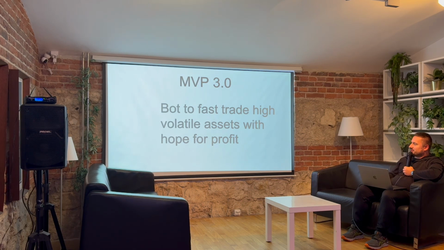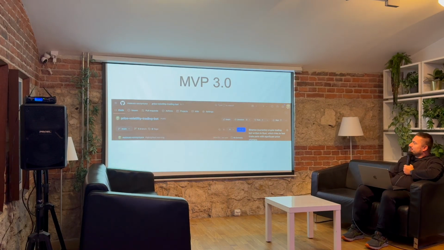It's a bot to trade highly volatile assets with the hope for profit, and "hope" is a very good word here, because I will explain later why this can only be hope. I created this project based on the code from the old MVP 2.0, so all of those libraries are still used.